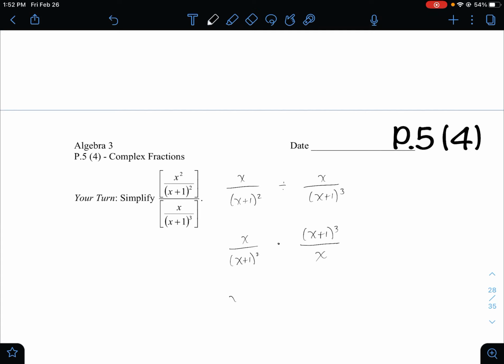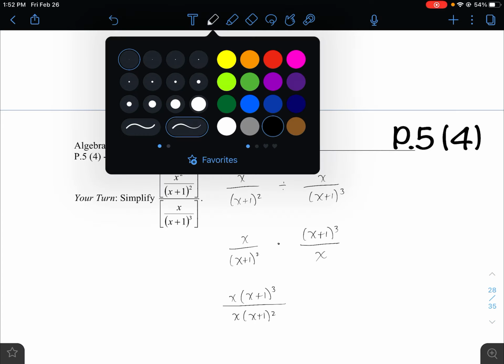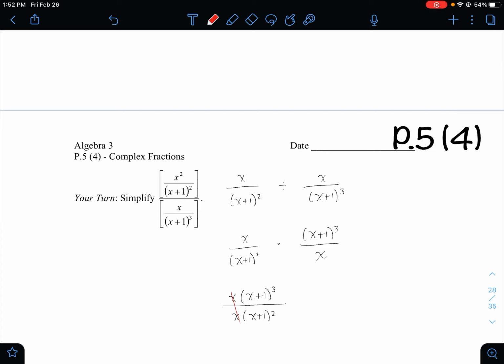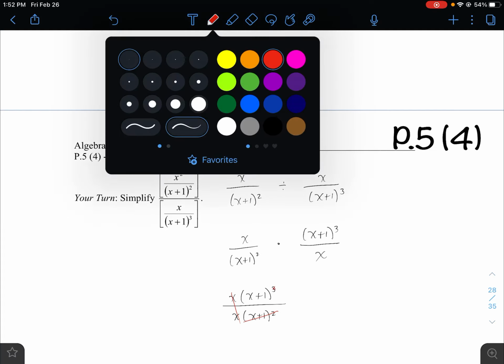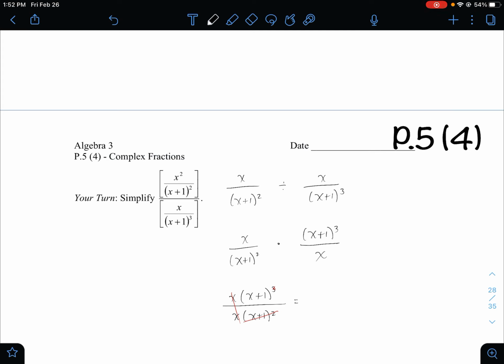If I multiply straight across, remember, leave everything in factored form, then I can say, hey, my x's cancel. On the denominator, I have 2 of the x plus 1s. In the numerator, I have 3 of them. So that means I have 1 left over in the numerator. So my final answer is just x plus 1. Not all of them are quite as complicated as the last one.